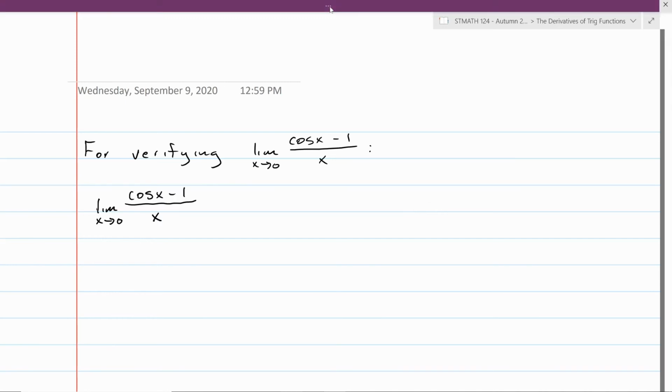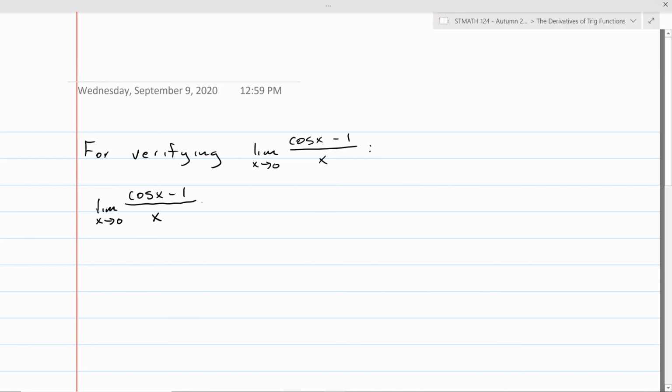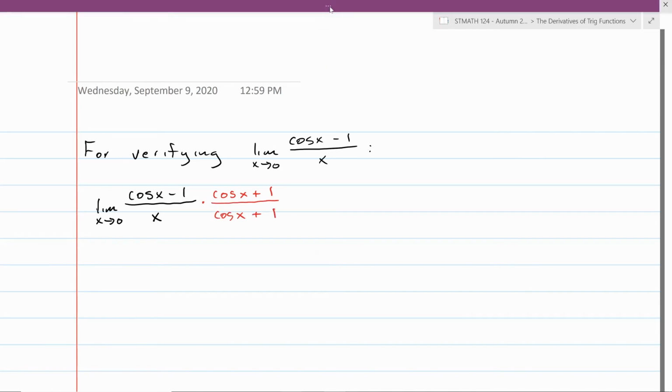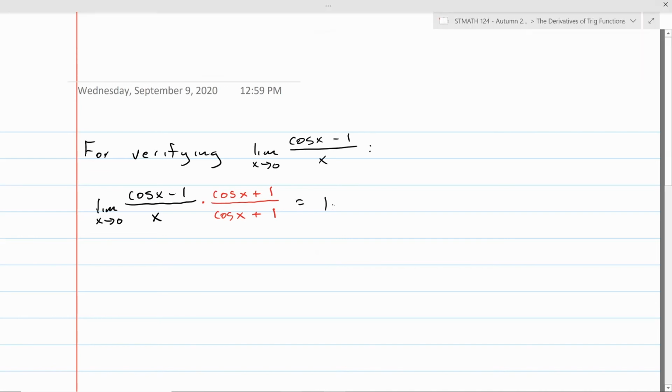So what I'm going to do is multiply by a sneaky sort of conjugate. So I'm really just multiplying by 1 here, but what effect does that have on that limit in black? When you multiply it out in the numerator, you end up getting cosine squared of x minus 1, and then you have x times cosine of x plus 1 in the denominator.